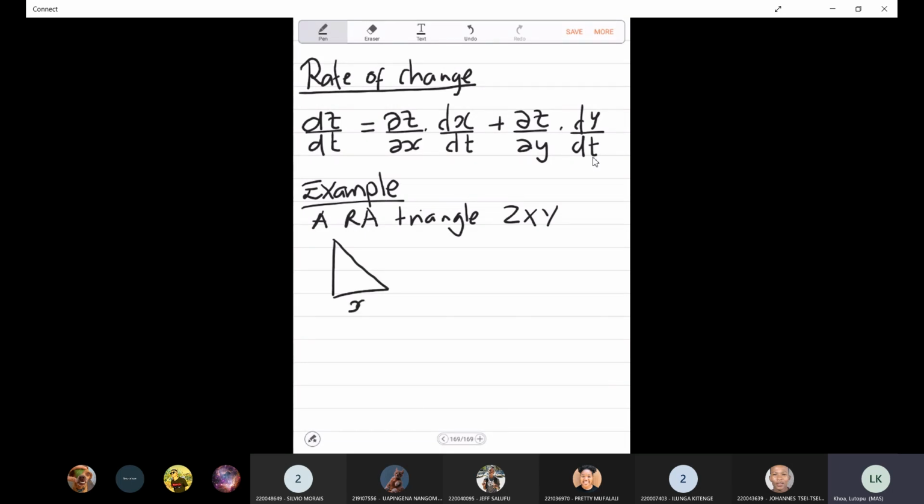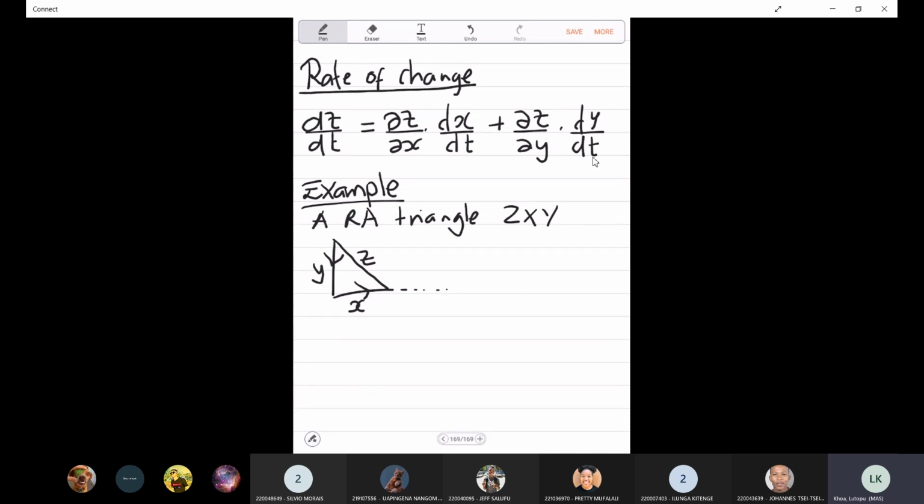You can call this one x, this one y, and then our z is over there. Now we are told that x is increasing, so the x is going that way. So the triangle is getting longer in that direction. But then y is decreasing, so it's going down, so it's getting shorter.